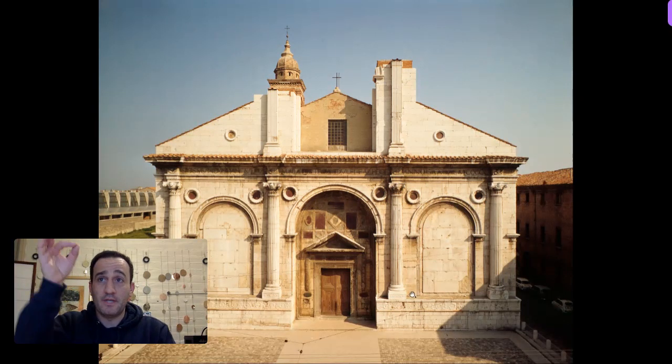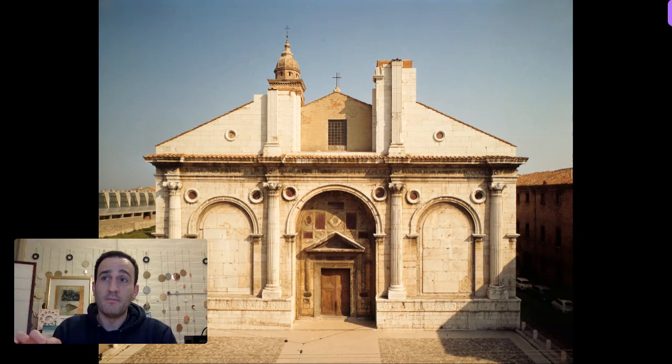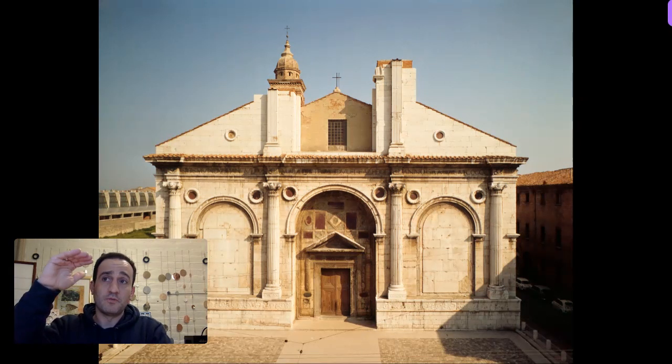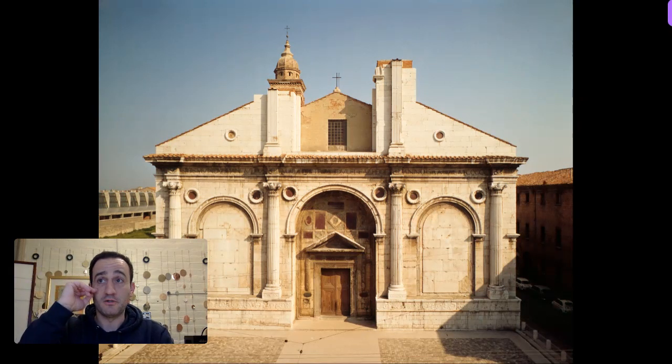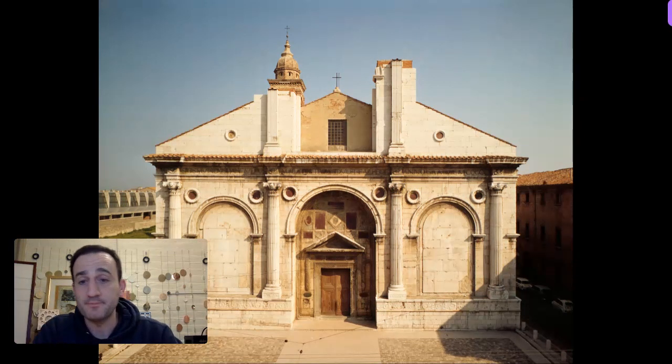That's the fluting. That articulation accents the verticality of a column shaft, the middle portion of a column.